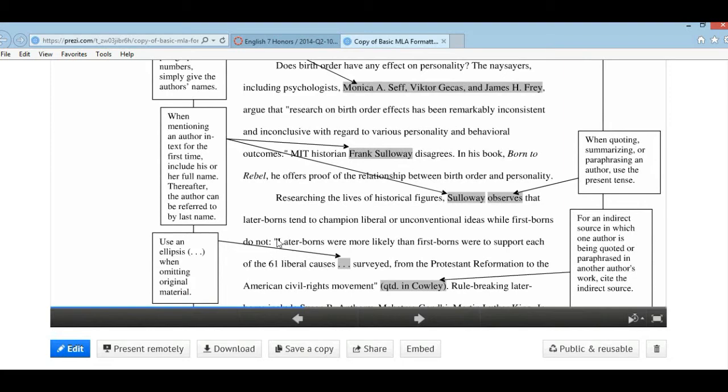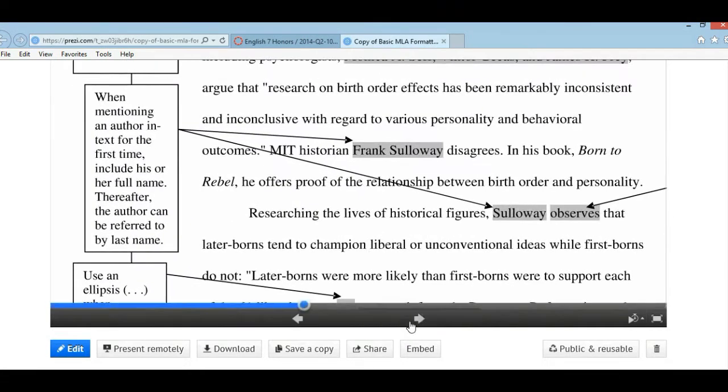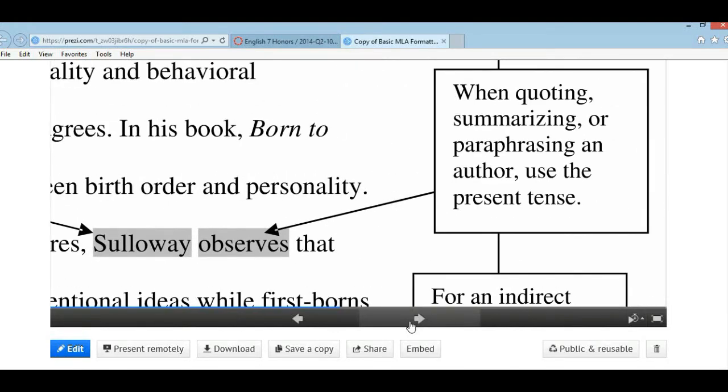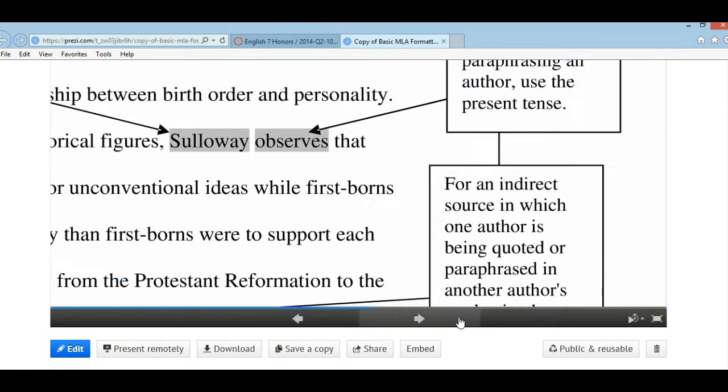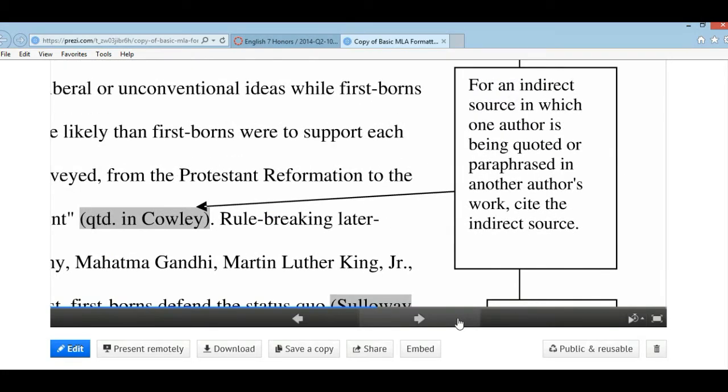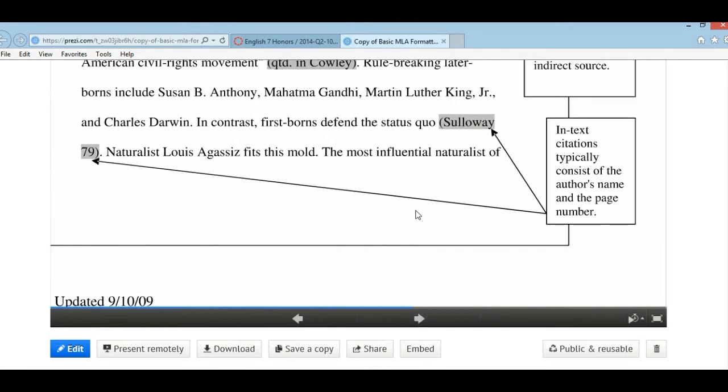Then we see they go into their actual research. When quoting or summarizing or paraphrasing, use the present tense. That's a good thing to be aware of. Now, when you're using a direct quote or citation, you would use the author's last name followed by the page number where you found that information.